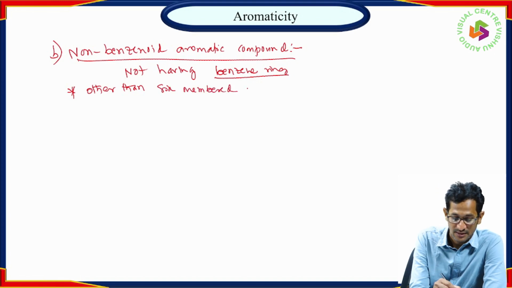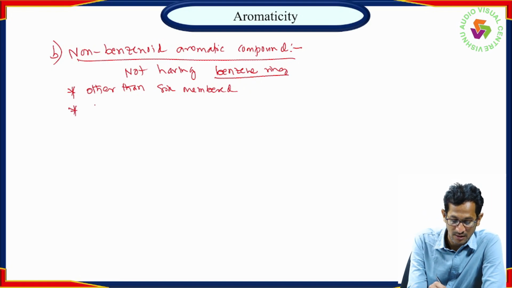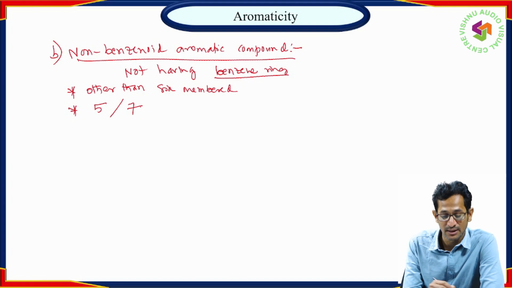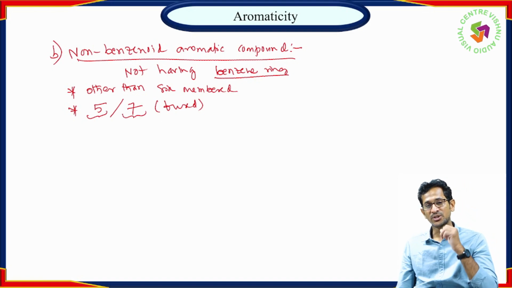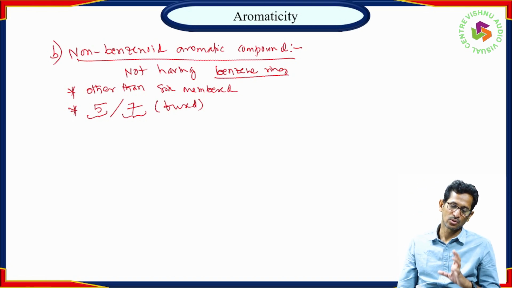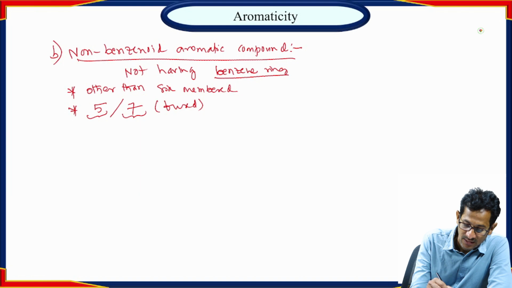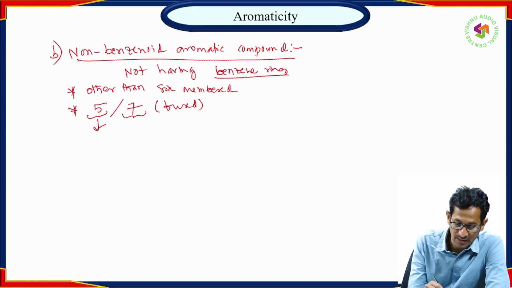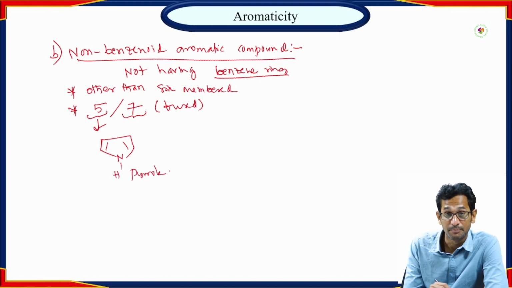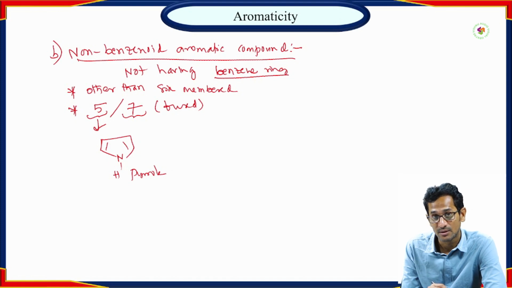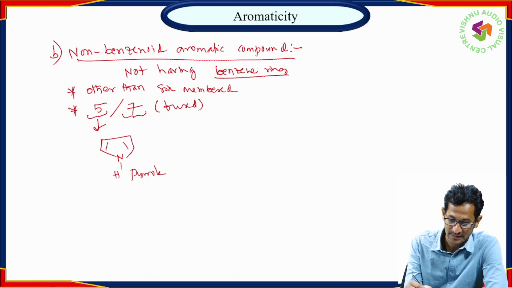Generally, these non-benzenoid aromatic compounds are 5-membered or 7-membered rings, or both fused: isolated 5-membered, isolated 7-membered, or the fusion of the 5-membered and 7-membered. If I take the 5-membered, pyrrole is an aromatic compound that is not a 6-membered ring, it is a 5-membered ring.